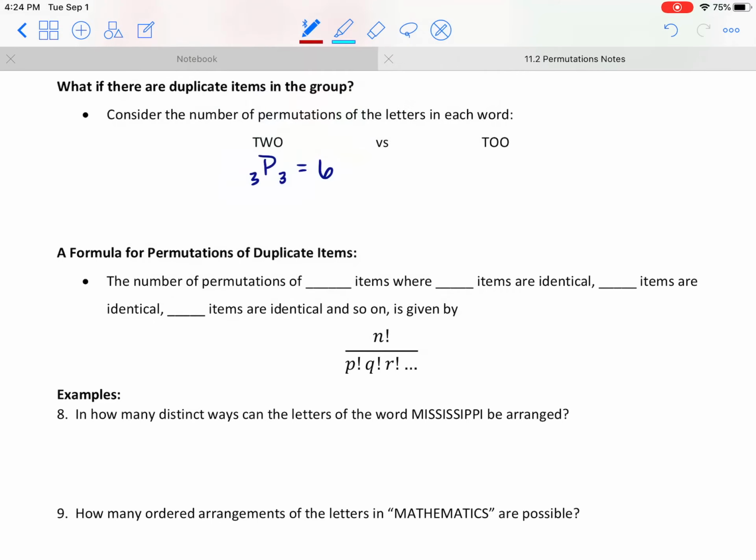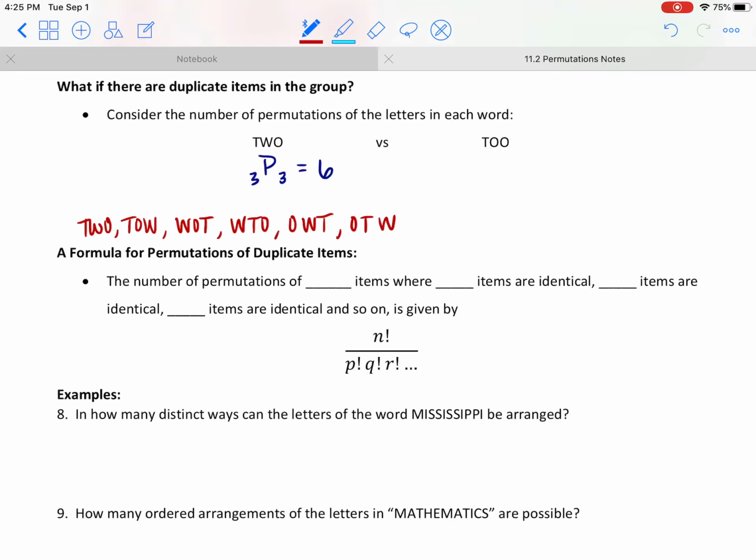Well, let's see. One arrangement of the letters is what we started with, TWO. Or we could go TOW. Or we could go WOT or WTO. Or we could go OWT or OTW. Okay, there's all 6 ordered arrangements.